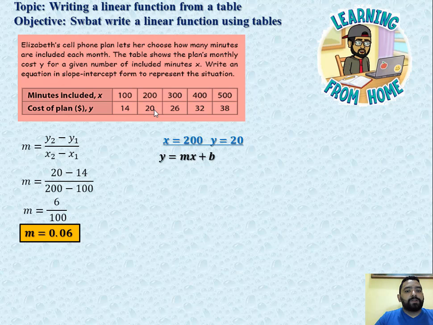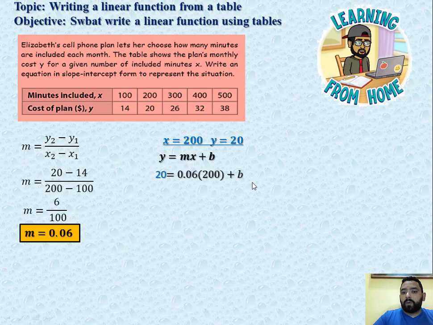Then we choose a coordinate. In this case I'm going to choose 200 for x and 20 for y. For the linear function form, I'm going to use y equals mx plus b. Then I substitute these values. Remember, we already have the slope, which is 0.06. You can use a fraction if you want.